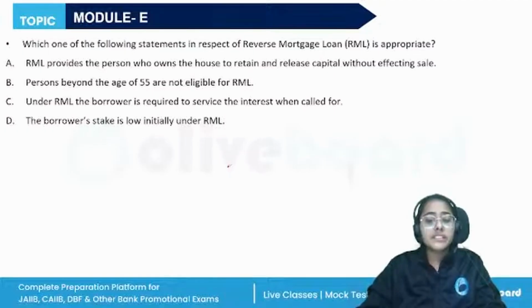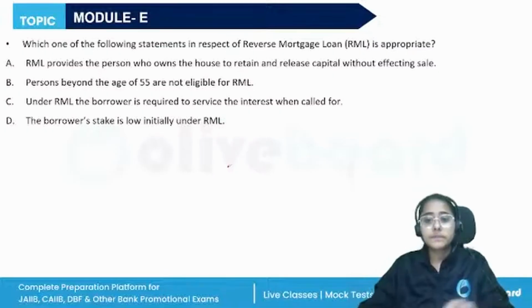Option B, persons beyond the age of 55 are not eligible for RML. Option C, under the reverse mortgage loan, the borrower is required to service the interest when called for. And option D, the borrower's stake is low initially under the RML. Which of the following statements is correct about the reverse mortgage loan?